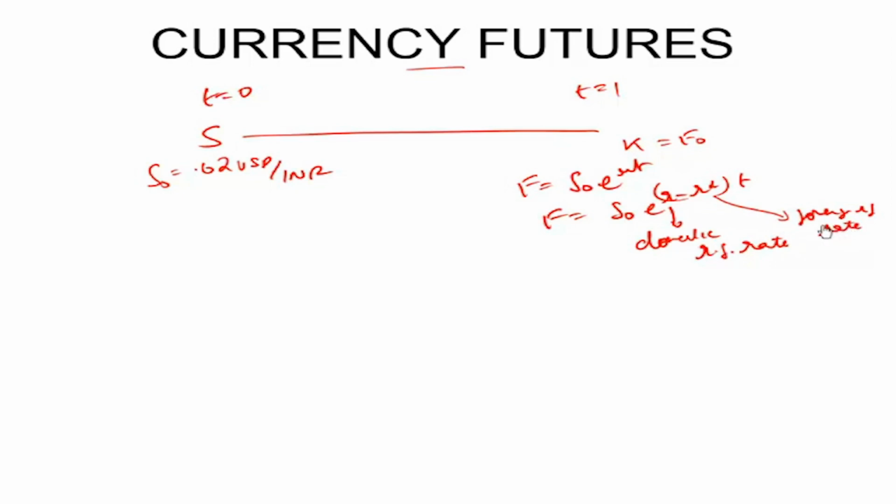So the foreign risk-free rate is thought of as the dividend yield, and this quote is a direct quote.